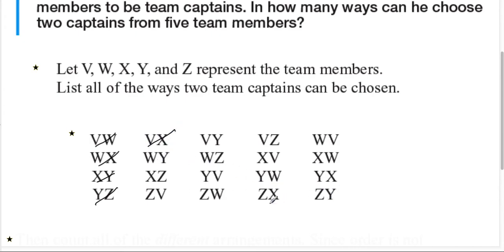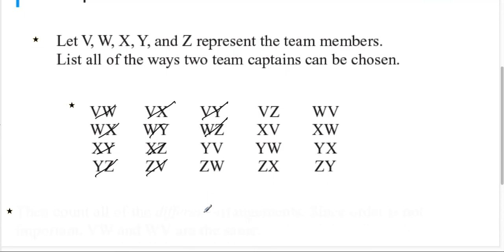VX is the same as XV. WY is the same as YW. XZ is the same as ZX, and ZV is the same as VZ. VY is the same as YV, and WZ is the same as ZW.